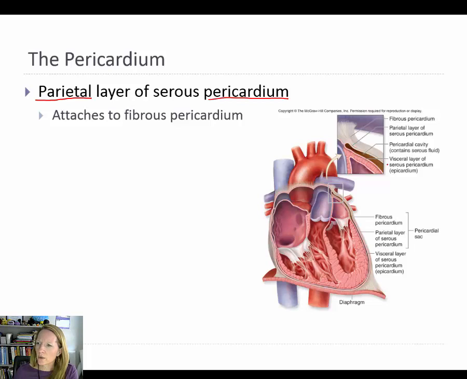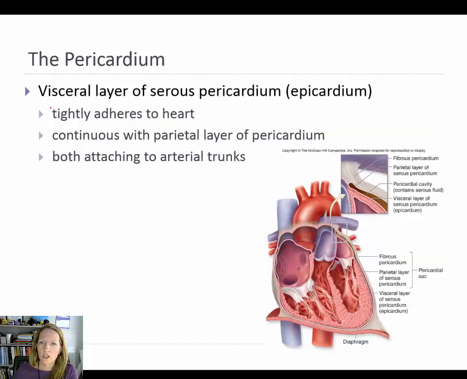So let's take a look at this visceral pericardium here. The visceral pericardium is still a serous membrane, so it's still that simple squamous epithelium with a little bit of areolar connective tissue.